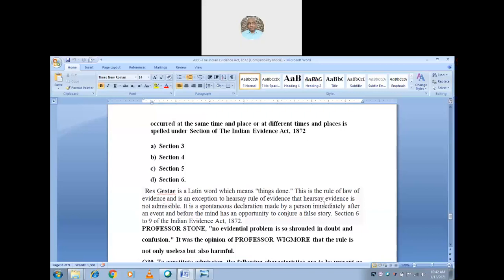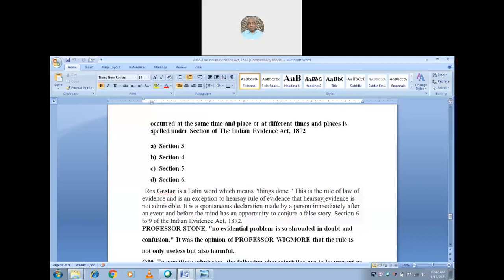This is a rule of the law of evidence, and it is an exception to the hearsay rule, that hearsay evidence is not admissible, whereas direct evidence on a fact in issue is admissible because the relevancy is there.